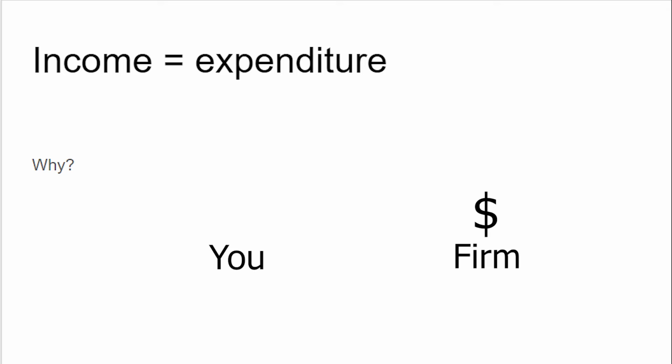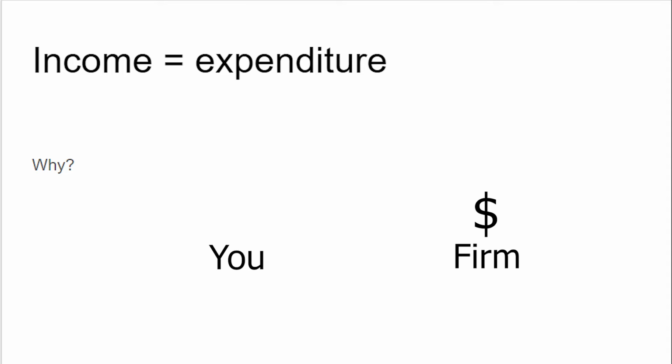So the firm earned the money that you have spent, and this transferring process results in a constant amount of money being transferred to another person. So basically, income equals expenditure. It is very crucial to understand this for the formula of GDP calculation.